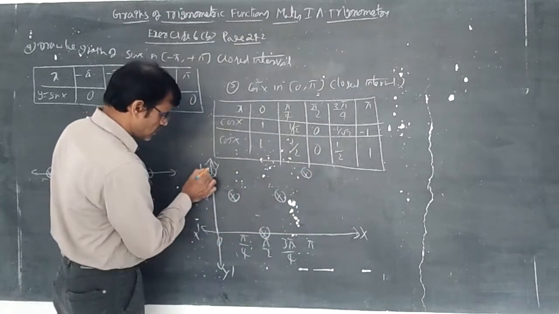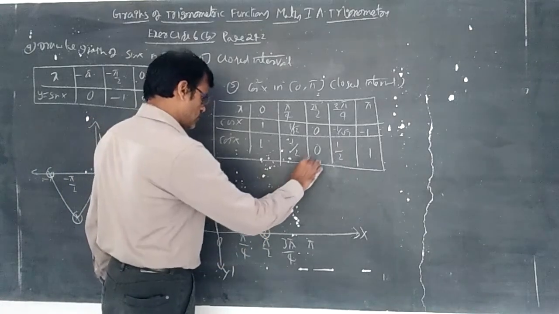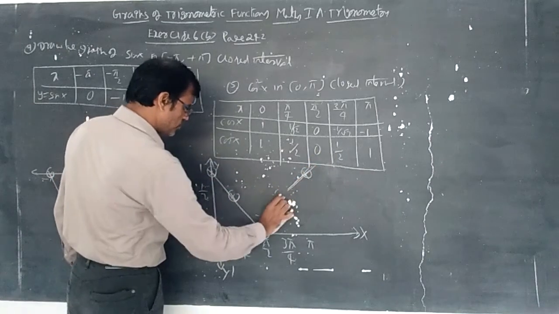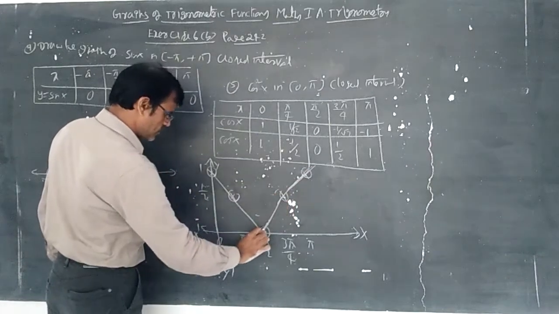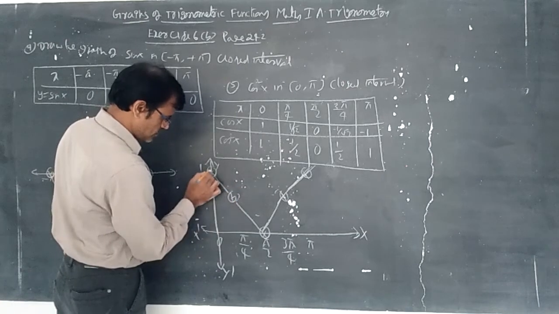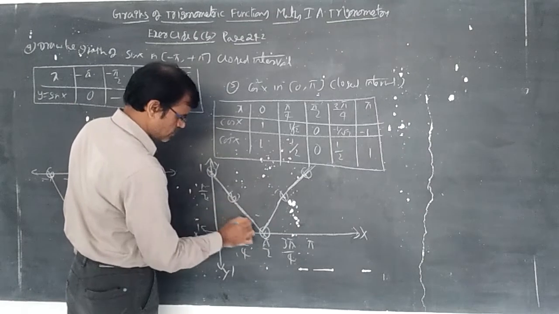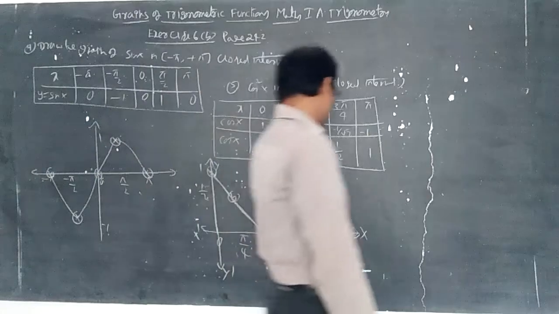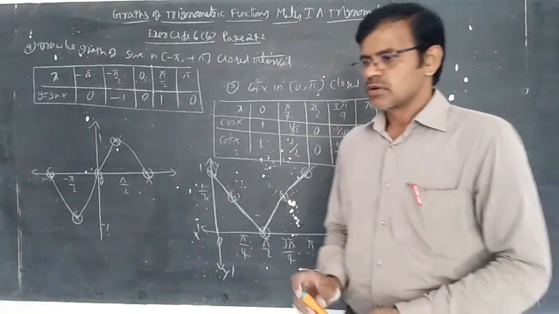So observe the graph. It is also an oscillating graph. Draw the lines. This is the graph of cos square x between 0 and pi.